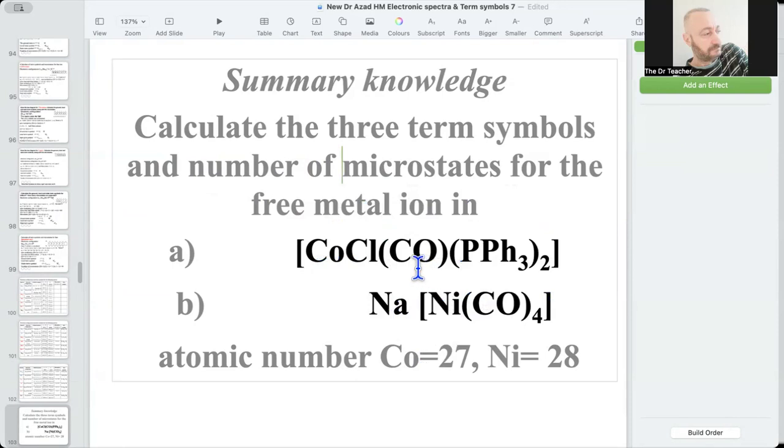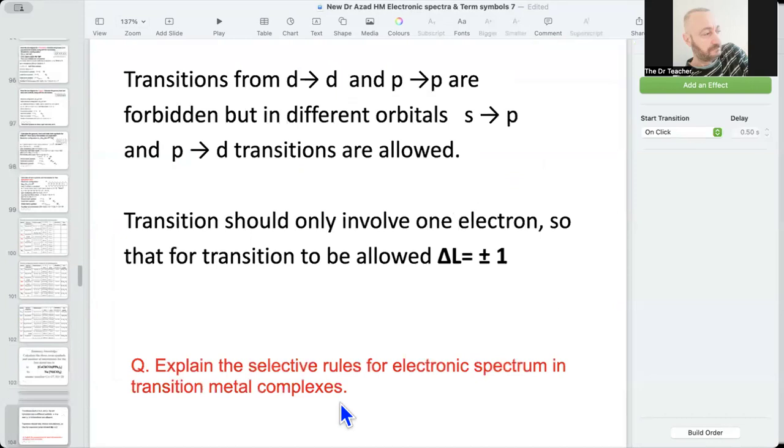You lost electrons here, so see the cobalt oxidation number. For nickel, you depend on the nickel. The nickel lost electrons because of the carbonyl, and you have to end up with how many electrons in the outer shell to depend on for counting the term symbols. Okay, so I stop here.